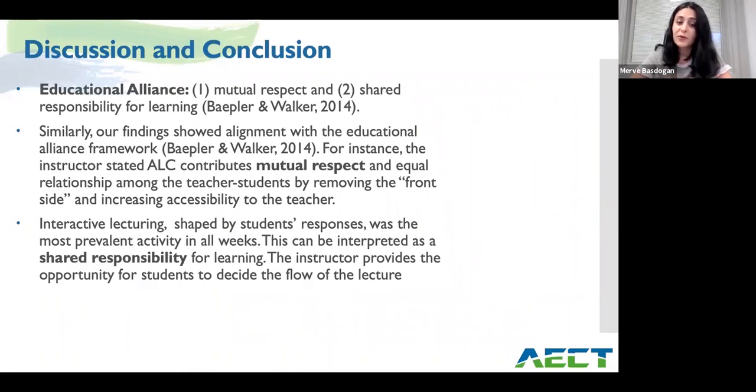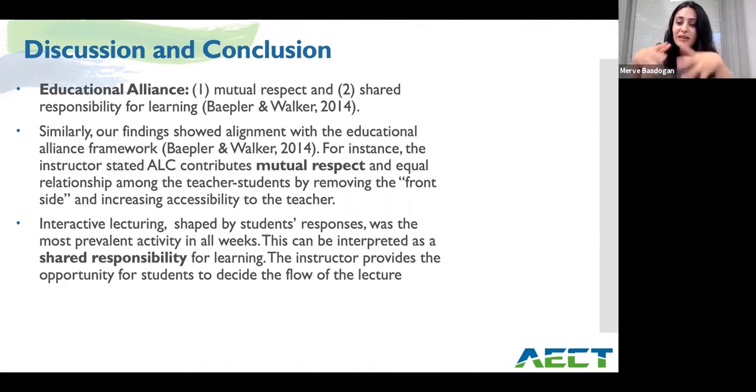The active learning classroom provides affordances for small group activities, equal relationships, learning community, and accessibility. Based on these findings, we have seen some similarities with the educational alliance concept suggested by Bepler and Walker in 2014. They theorized that active learning classrooms can alter in-class dynamics in two basic ways.